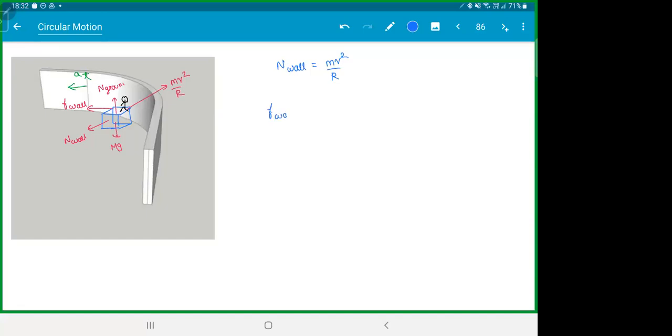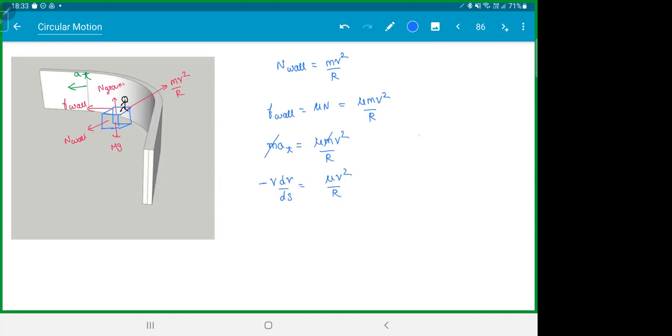So friction on the wall will be mu into N wall. It is sliding, so it is maximum. This is mu mv square by r. So this will be mass into acceleration, a tangential. m will cancel. This guy will be minus v dv by ds. This is mu v square by r.